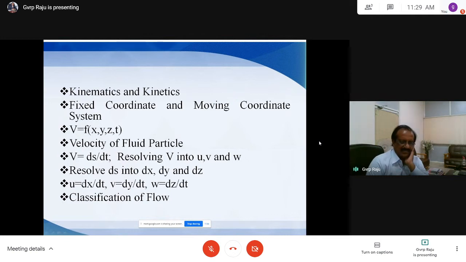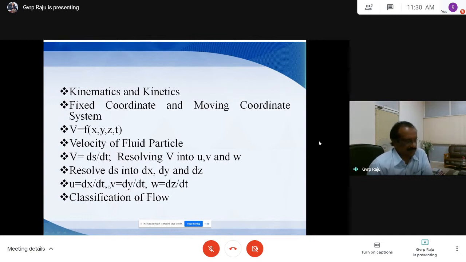So what is the distance traveled in the x direction? The distance traveled in the x direction is dx, and the time is dt. So the velocity component in the x direction is equal to the distance traveled in the same x direction divided by dt, as dt tends to 0. So u is limit dt tends to 0, dx by dt.